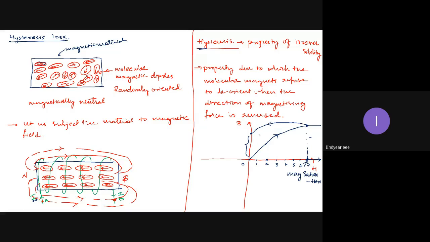Let this be a curve OA. Let this be OB. What is curve OB called? It is residual magnetism. Have you heard this term?